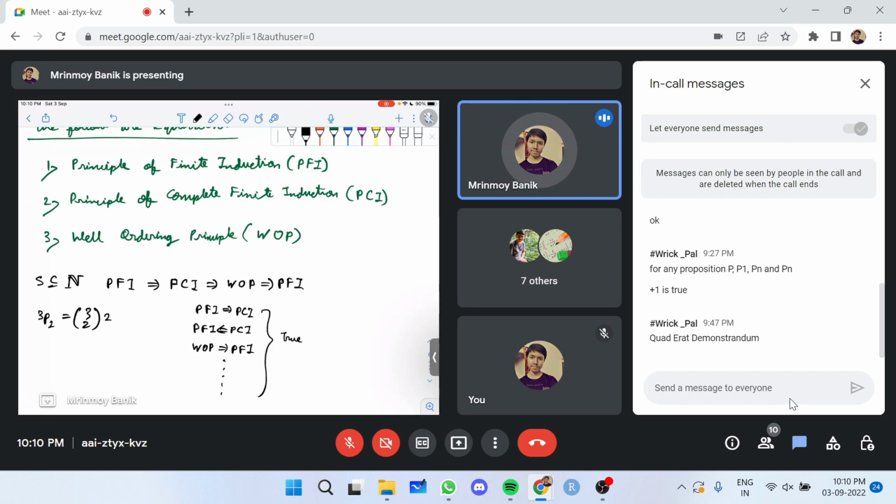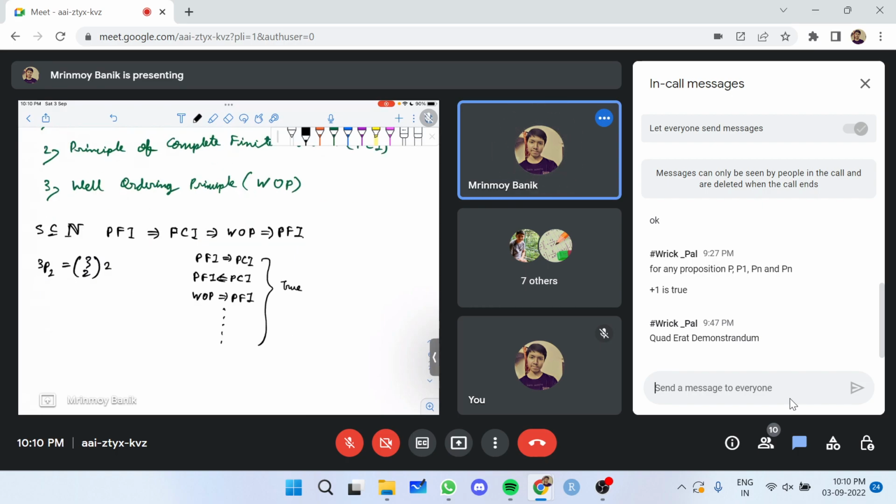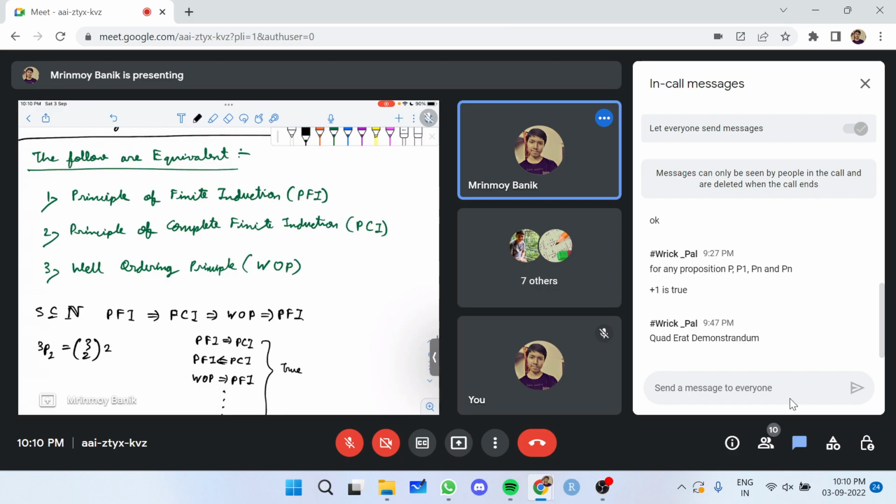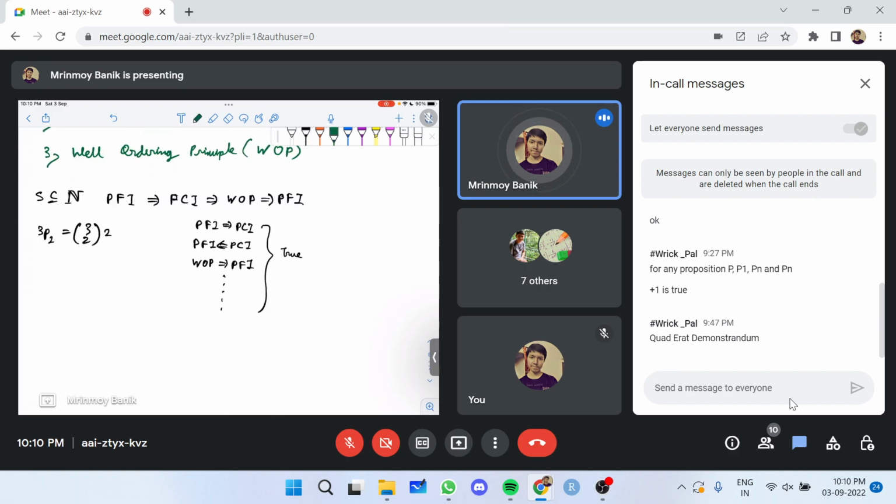So how do you prove such equivalence relations? There are many ways to do it. You can start from any one of the statements. If you want to show k statements are equivalent, listed as 1, 2, up till k, then you show the first statement implies the second one, then the second implies the third, then the third implies the fourth, up till the kth one, and then you prove the kth one implies the first one.